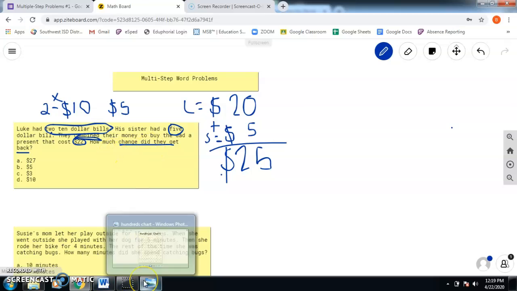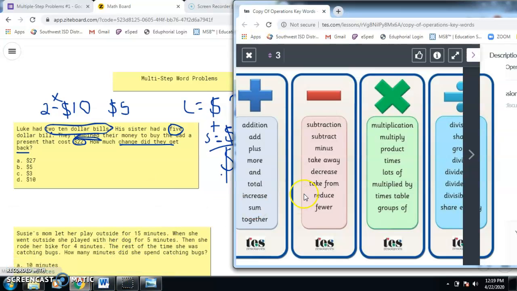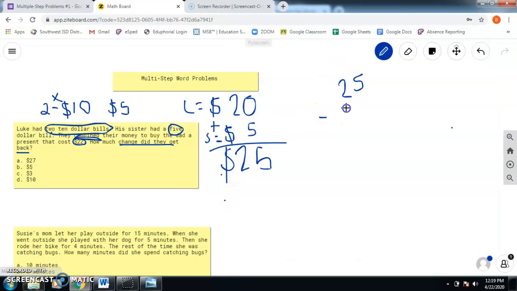How much change did they get back? So we know that they had $25, but then they spent 22, right? So they spent 22. Is that going to be addition or subtraction? If you're spending money, you're probably taking it away, right? So subtracting 22.